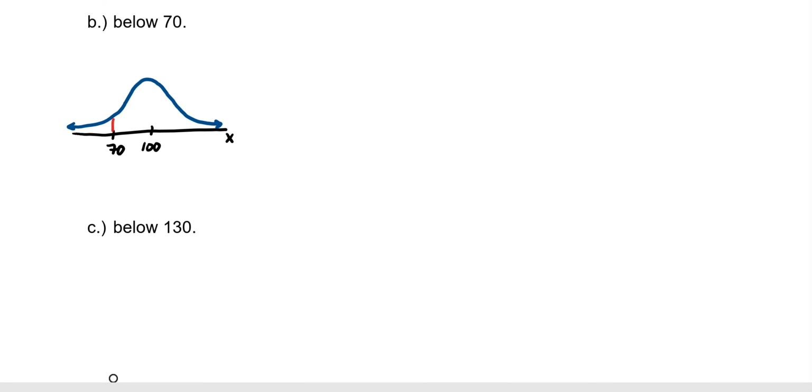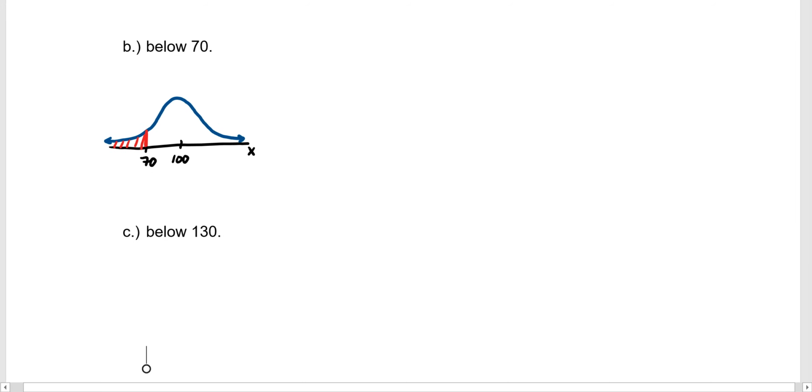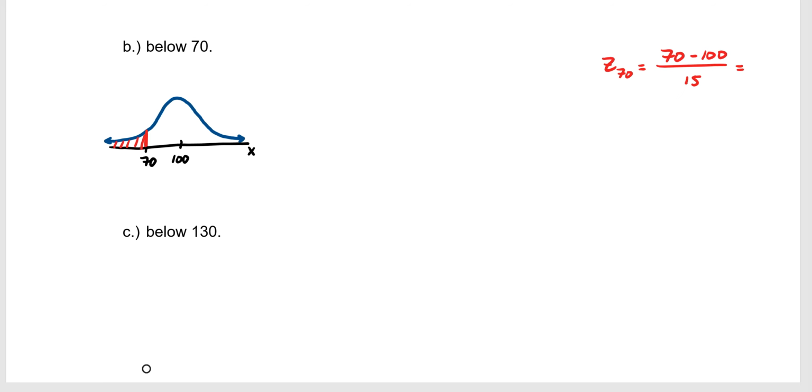And we're looking for the area to the left because it's below 70, so the left of 70. So first, let's go ahead and find the z-score. So the z-score for 70 is going to be 70 minus the mean of 100 over the standard deviation, which gives us -2.